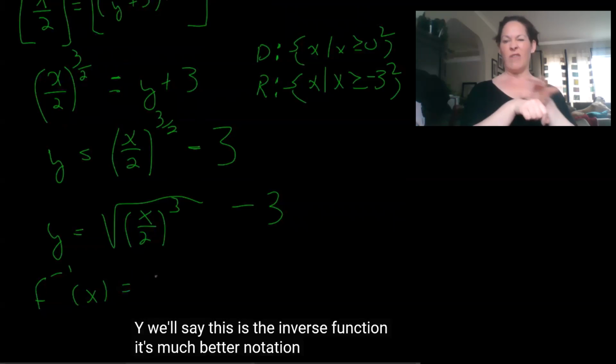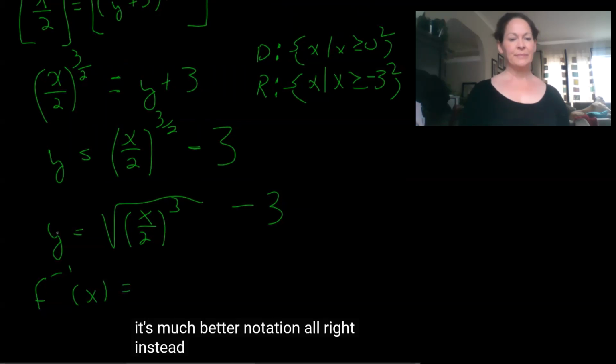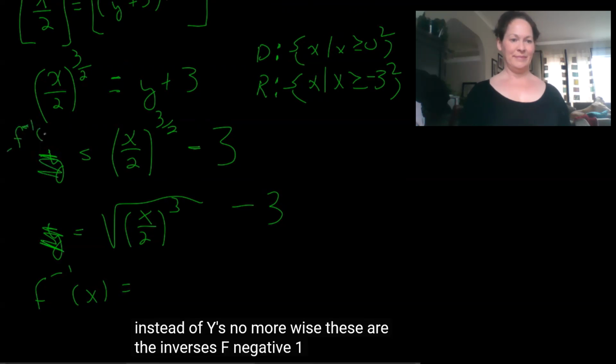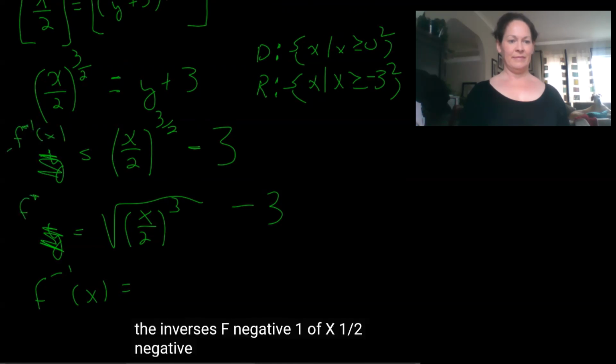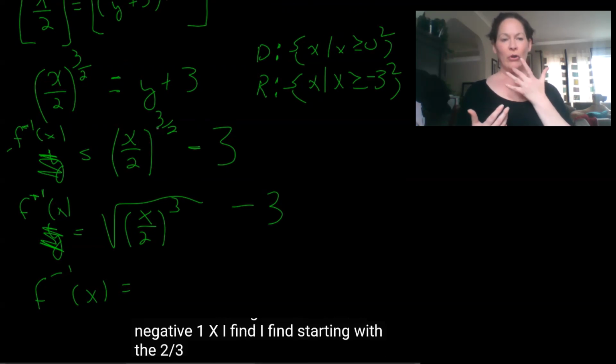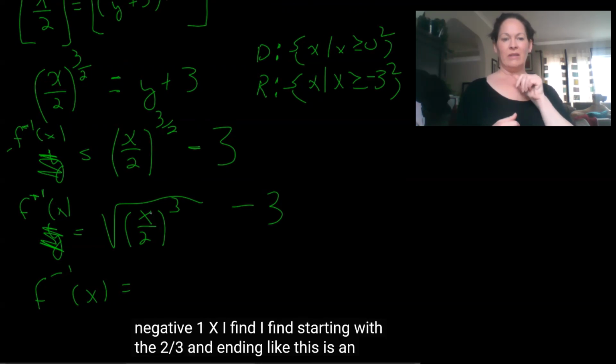It's a much better notation, instead of y's. No more y's. These are the inverses, f -1 of x. I find starting with the 2/3 and ending like this is an inconsistent notation.